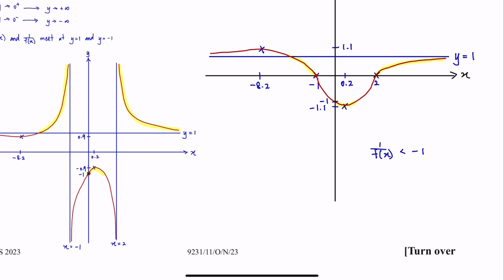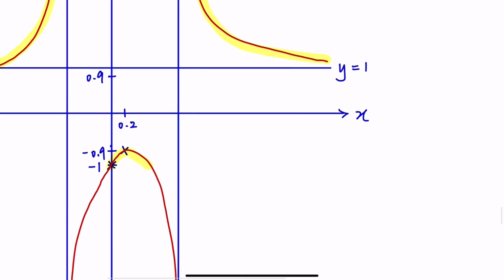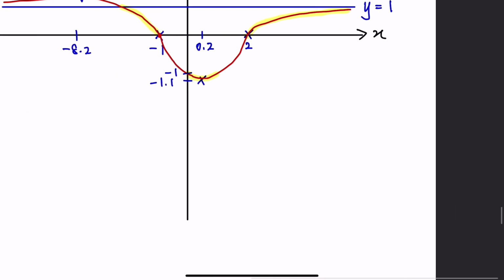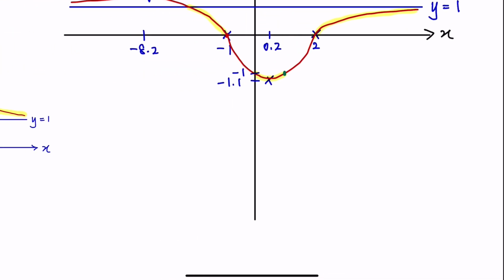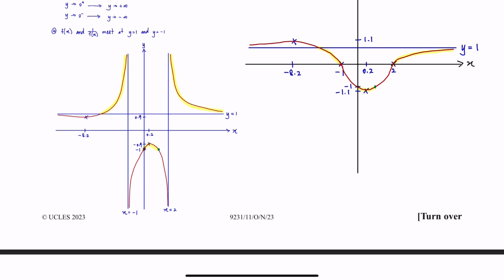So now we need to find the x coordinates for this part, for this one. So basically we equate the equation to negative 1.